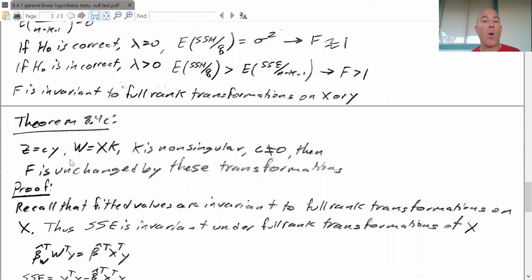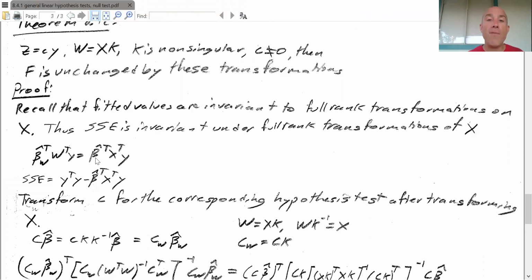If Z is equal to CY and W is equal to X times K, where K is a transforming matrix that is non-singular, so it's a square matrix, by the way, and C is not equal to 0, then F is unchanged by these transformations. If I run the F statistic based off of Z or Y, W or X, either way I'm going to get the same statistic. This is nice. This makes it easier for us when we start doing our variable screening using centered and scaled versions of our data.